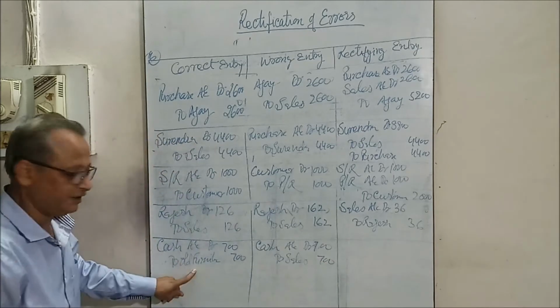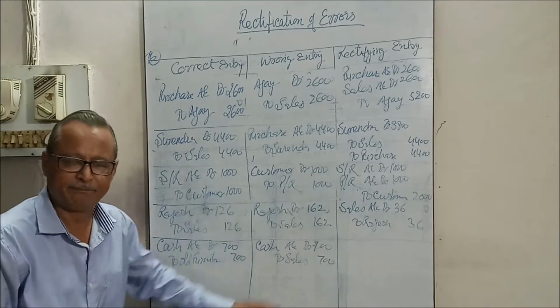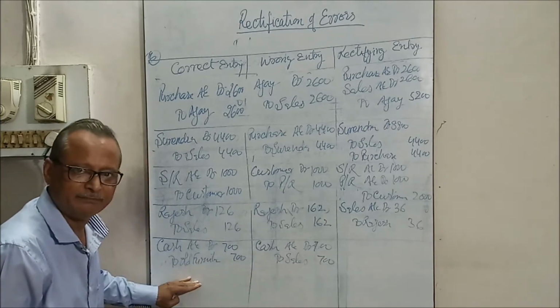This is an error of principle. This is the asset and this is the nominal item, goods. Revenue item, capital item.